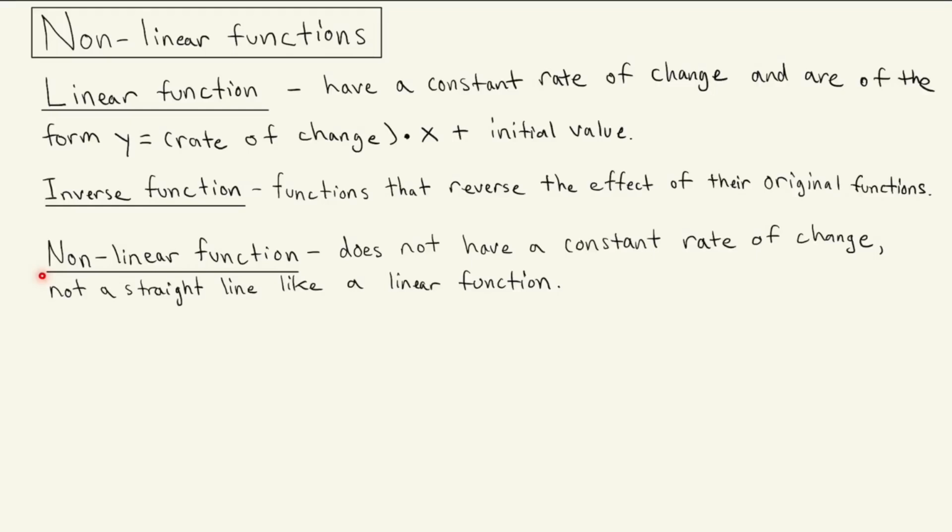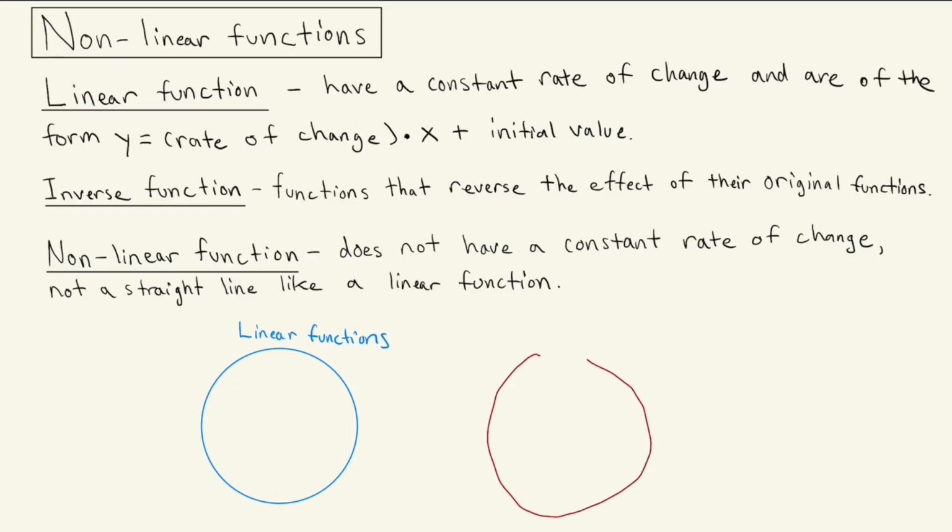So a nonlinear function is just going to be pretty much the opposite of a linear function. It's going to not have a constant rate of change, and it's also not a straight line like a linear function is. So if we draw a Venn diagram of, let's say the blue represents linear functions, and we could say red represents nonlinear functions.